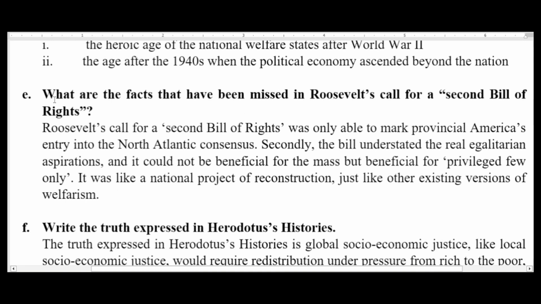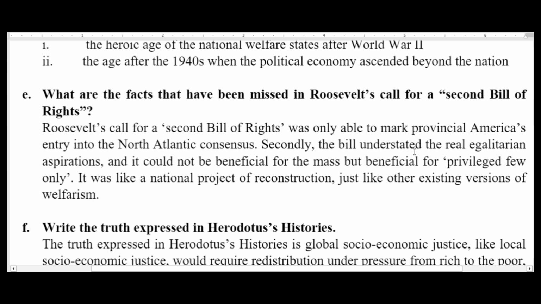Question number E. What are the facts that have been missed in Roosevelt's Call for a Second Bill of Rights? Roosevelt's Call for a Second Bill of Rights was only able to mark provincial America's entry into the North Atlantic Consensus.